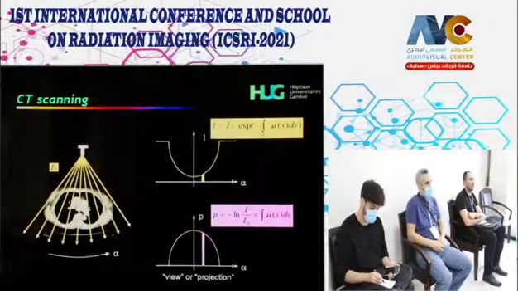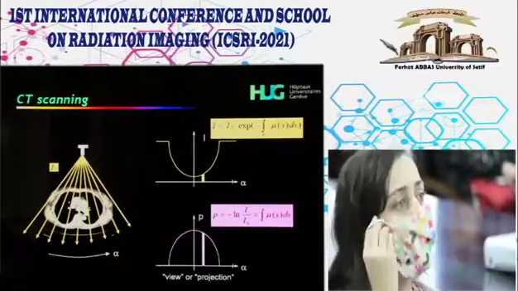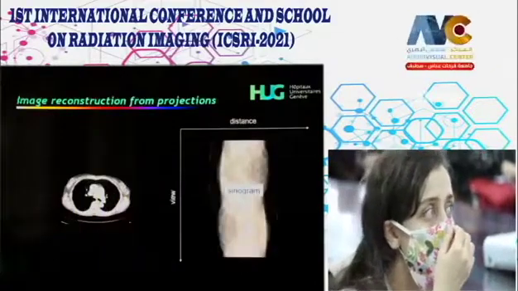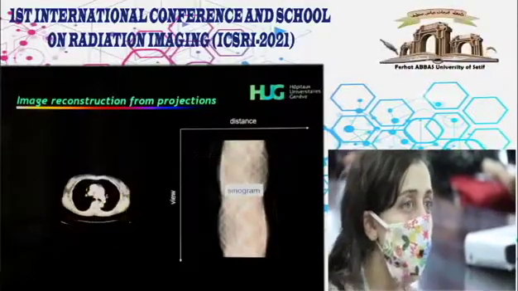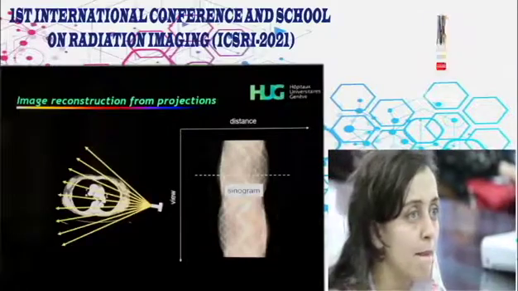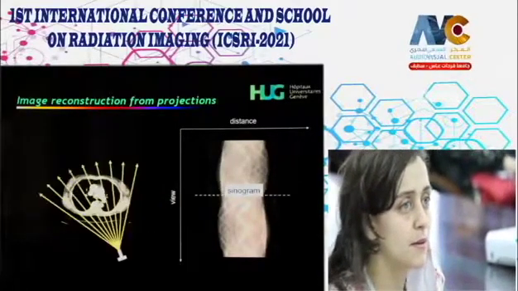Each view here corresponds to one line of response in yellow that you see on the left side, right? And then the next step is to collect data while rotating the system around the patient. So you've got the X-ray tube rotating around the patient, and you collect the data with a spiral trajectory.